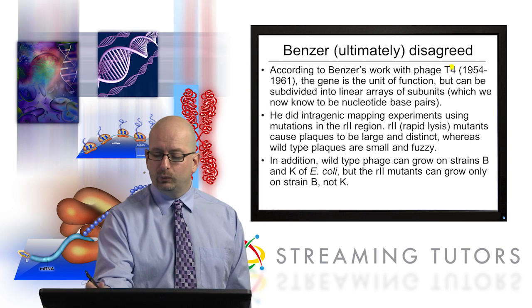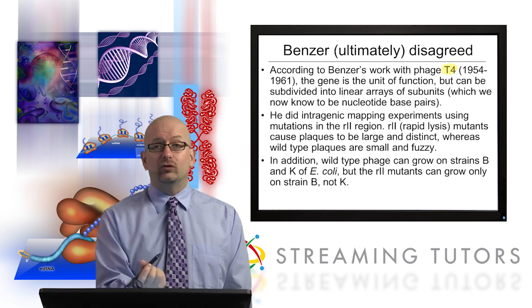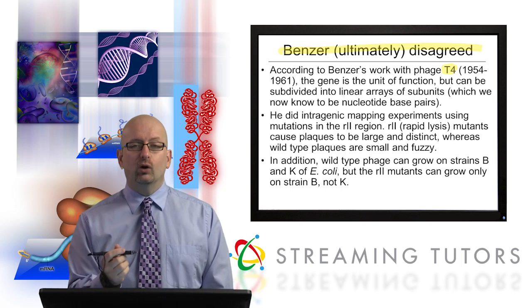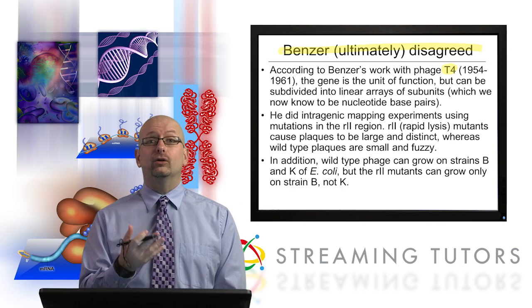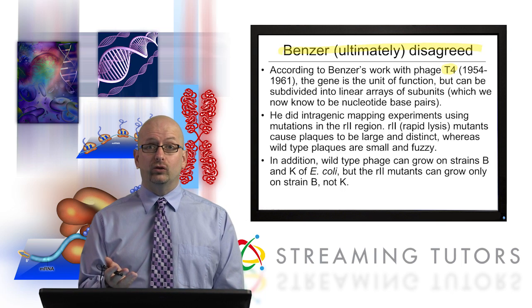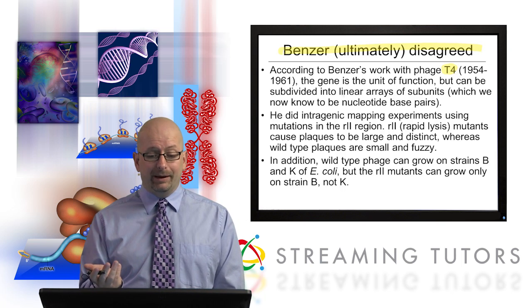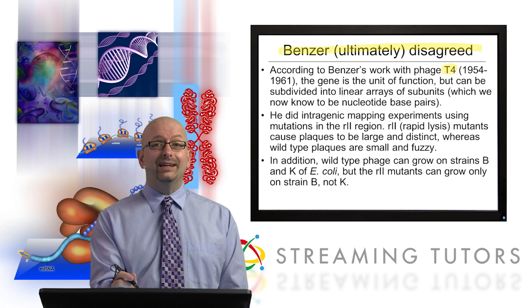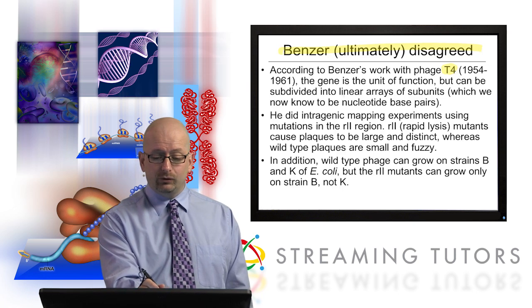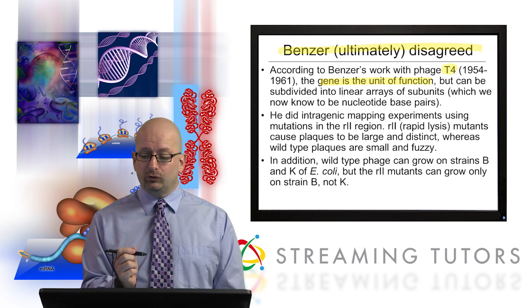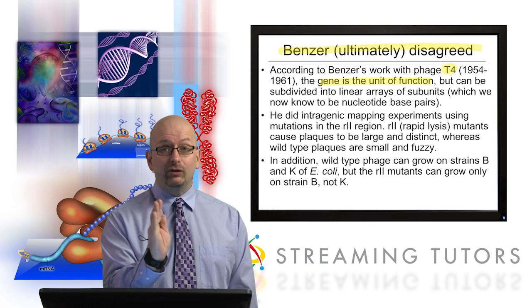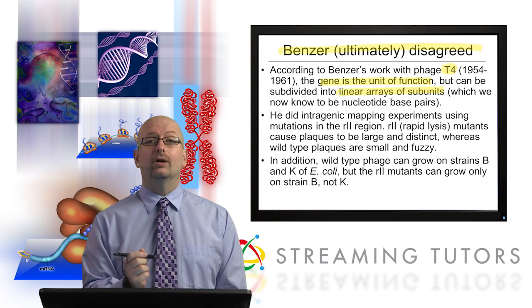He worked with T4 phage, which is very similar to T2, but a little different. And Benzer did a lot of work. Why I say he ultimately disagreed is that it took a lot of analysis to get to the idea that Benzer ultimately came up with. What he basically determined was, yeah, the gene is the unit of function, but it can be subdivided physically into linear arrays of subunits.